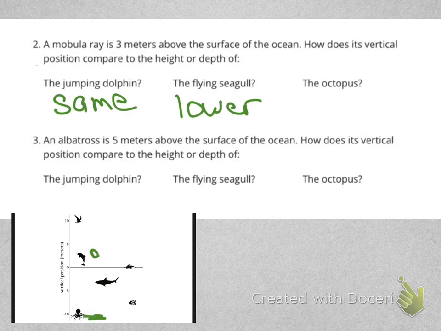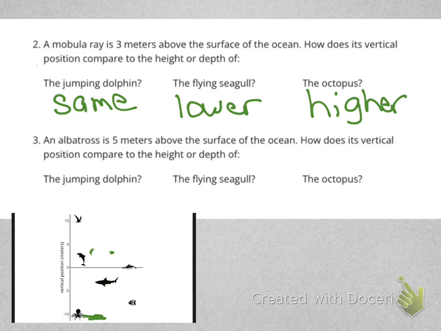He's way down here. Here's our ray. Our mobula ray, he is higher than our octopus. Okay, and that's all you have to do on those. You have to tell how the positions compared. The ray would be in the same spot as the dolphin, but he's lower than the seagull, and he's higher than the octopus.